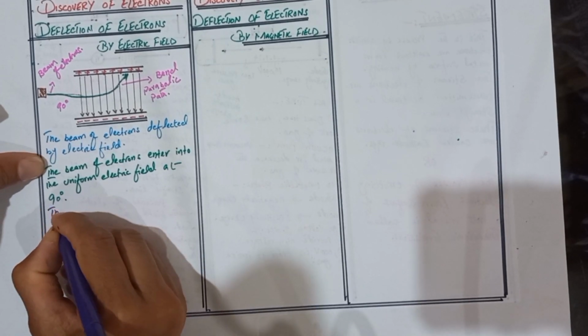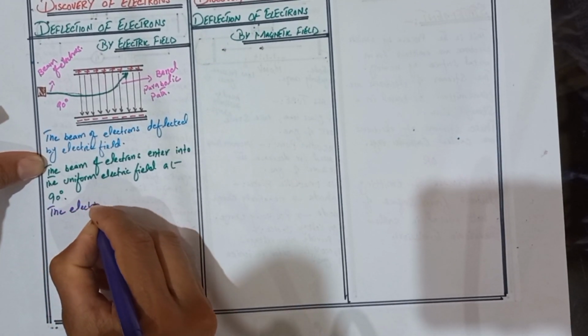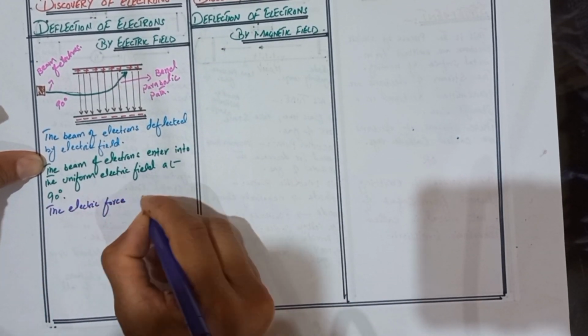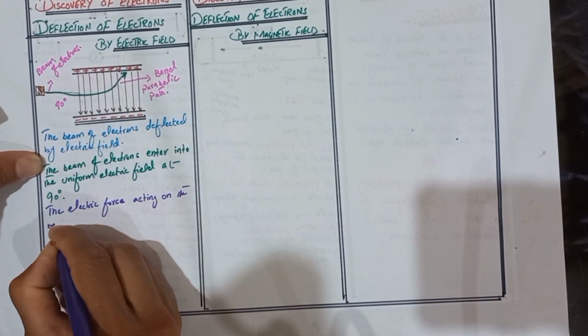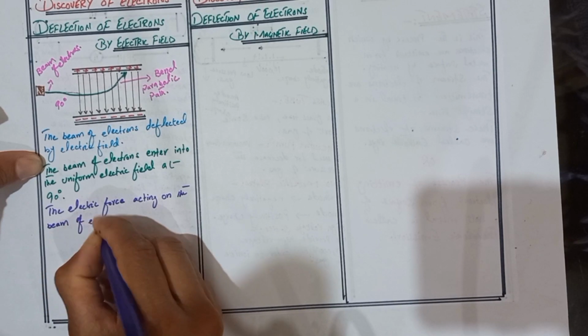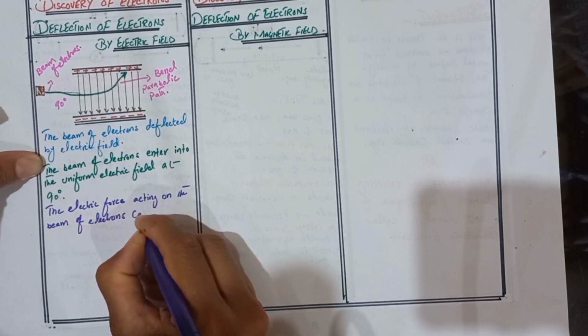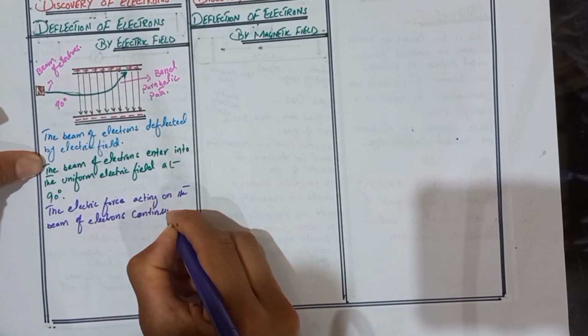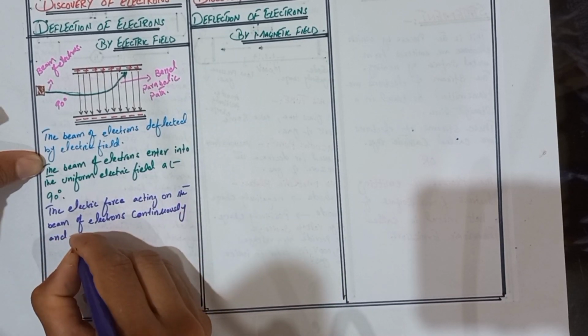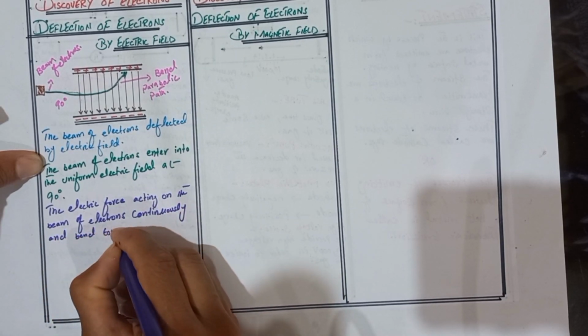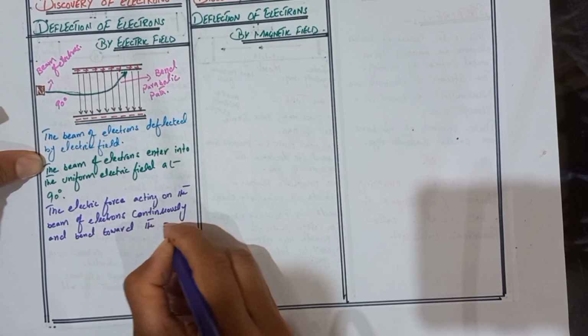The electric force acts on the beam of electrons continuously and bends them toward the positive plate.